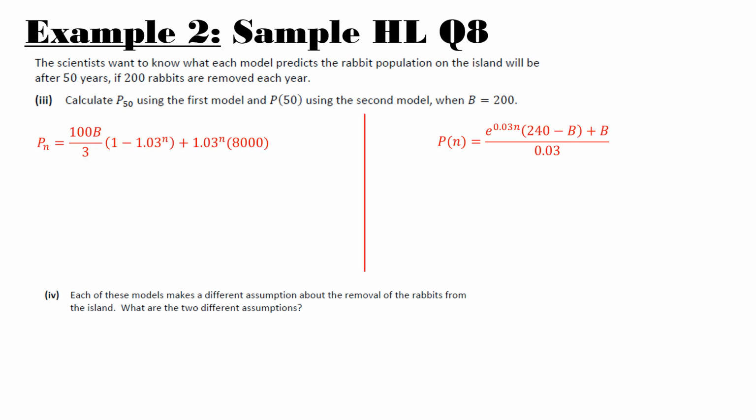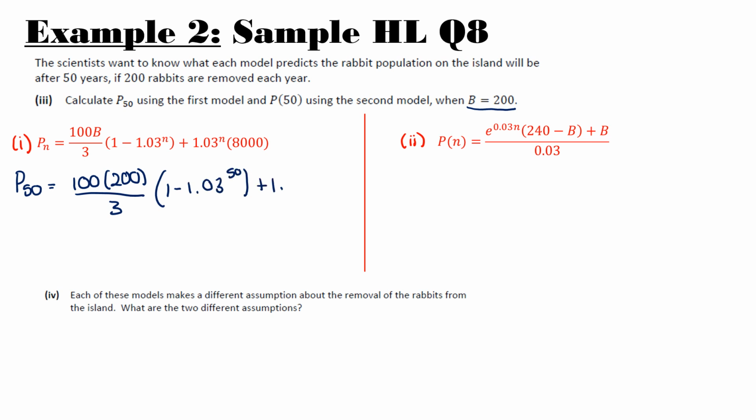So here are our two models. This one came from part 1 and this one came from part 2. And all we're working with now is we've been told that B is 200, that's for both. And we want to also plug in 50 in lieu of N. So here we have 100 times 200 all over 3, times (1 minus 1.03 to the power of 50), plus 1.03 to the power of 50 times 8,000.